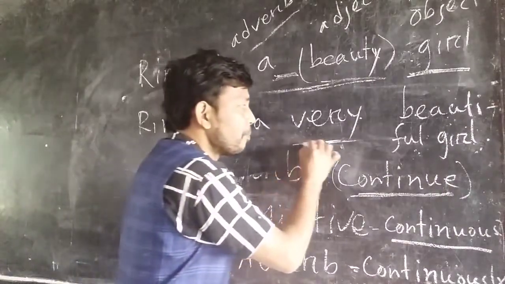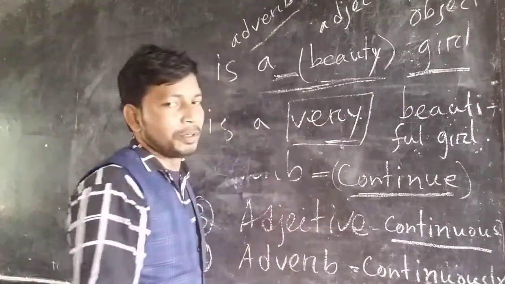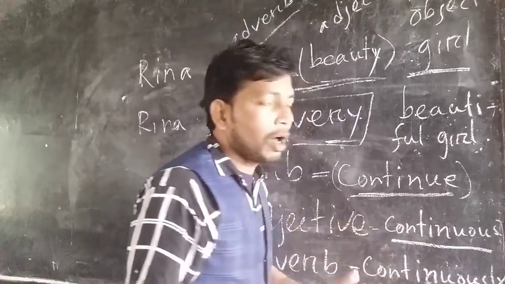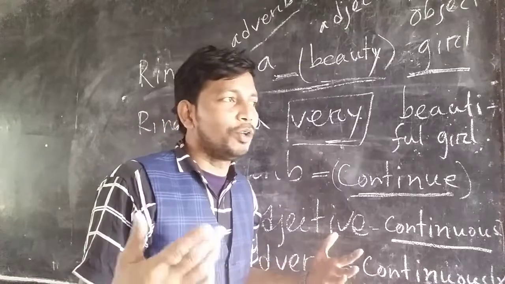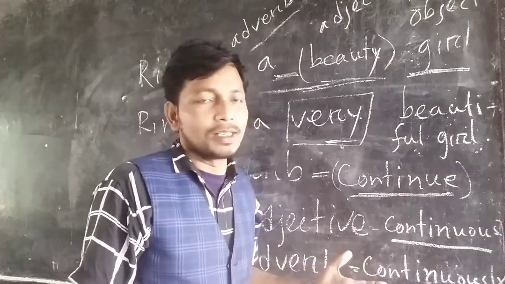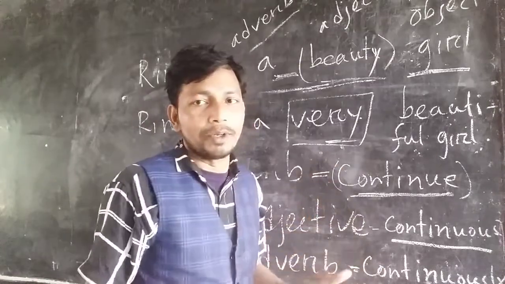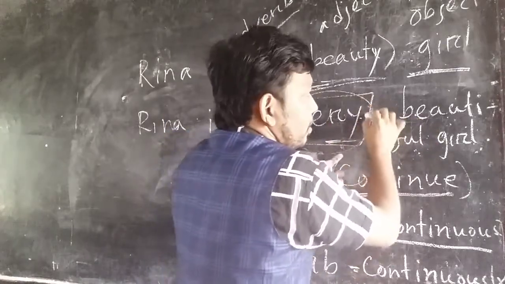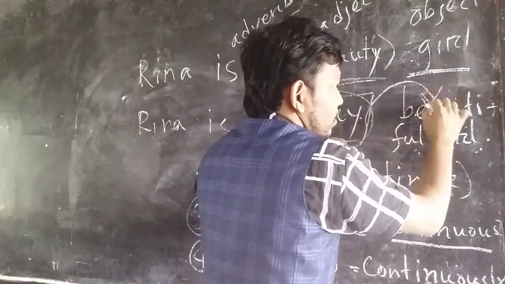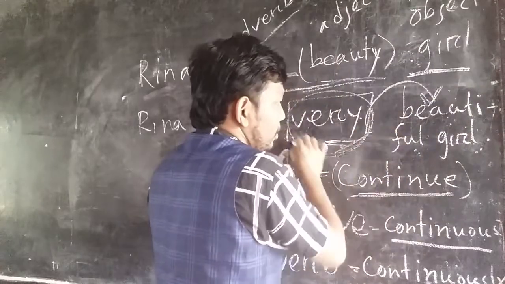So here very is an adverb. How beautiful means very beautiful. If anyone asks you how beautiful she is, then you can say that she is very beautiful. So this word very is modifying the adjective. So that's why this is an adverb.